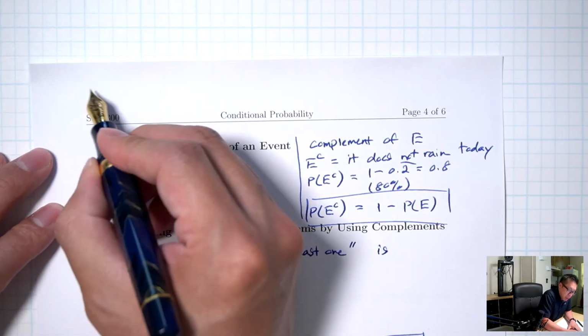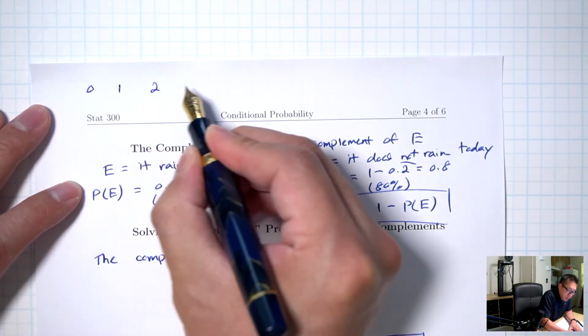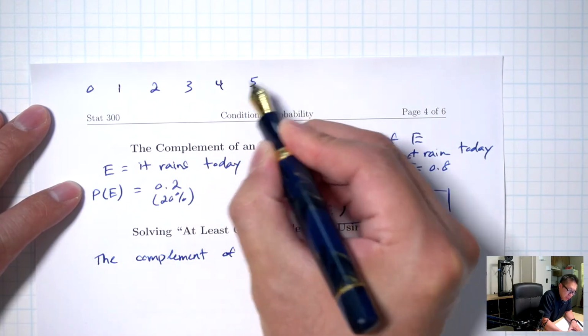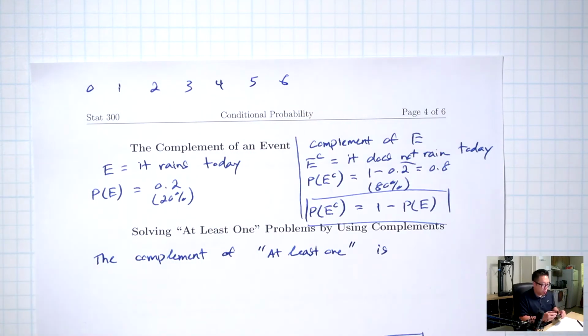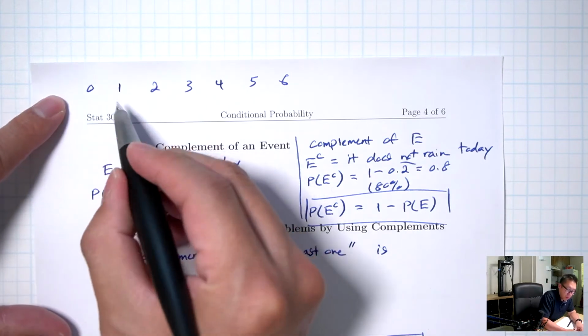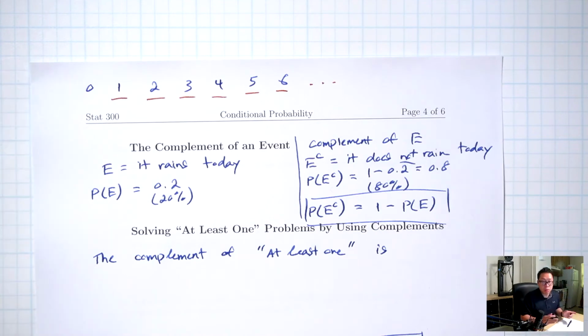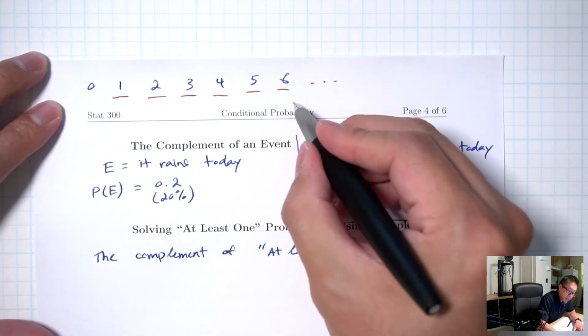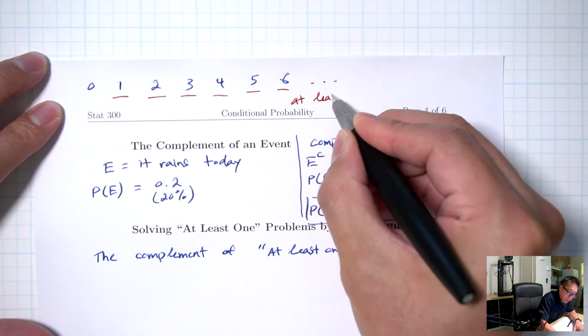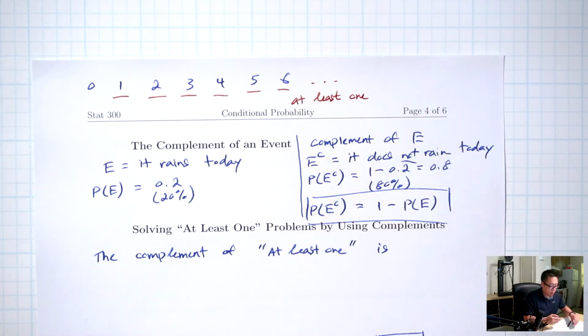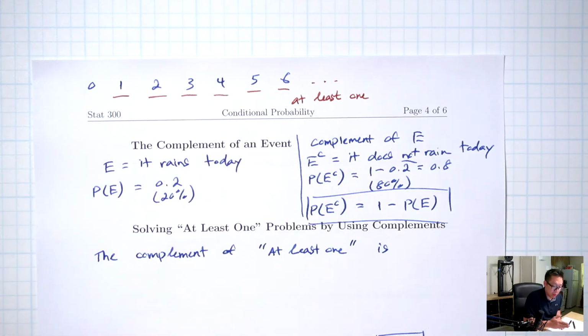I'm going to write down some numbers: 0, 1, 2, 3, 4, 5, 6. Which of those numbers are at least 1? At least 1 means 1 or more. So 1, 2, 3, 4, 5, 6, and so on. All of those numbers are at least 1. Which means if you're solving at least one problem directly, you would have to take into account 1, 2, 3, 4, 5, 6, all of those things, and then combine your answers.